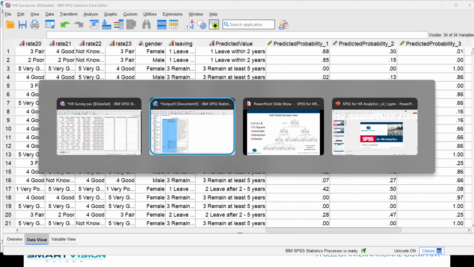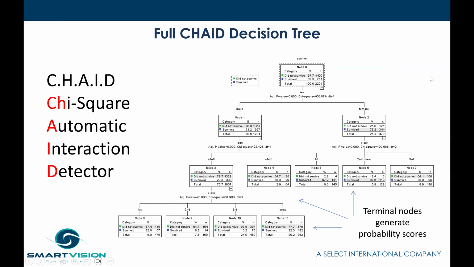Okay, that takes us to the end. That helps us look at 2 examples of where we could apply SPSS Statistics to 2 very different types of HR applications. One where we're trying to audit fairness, equity, using significance tests, things like correlations and regression.